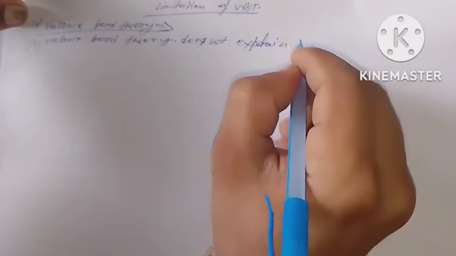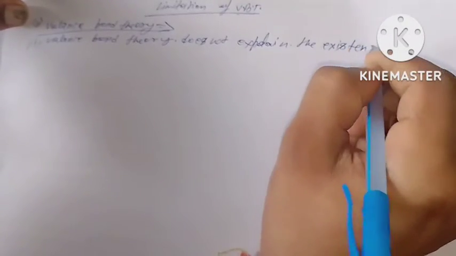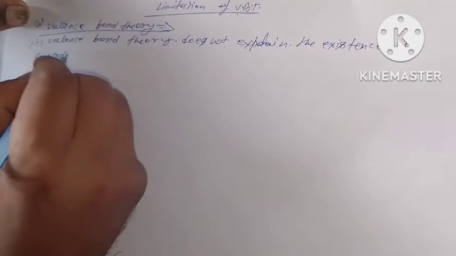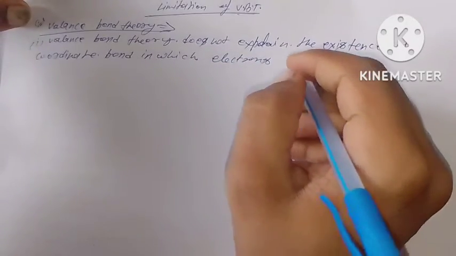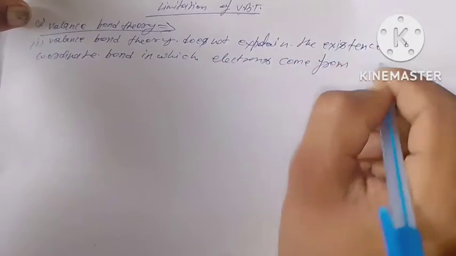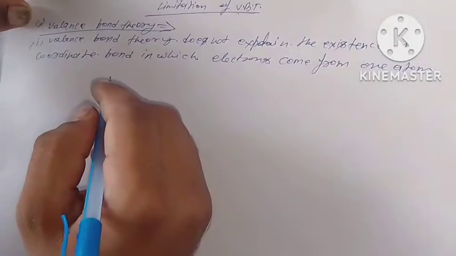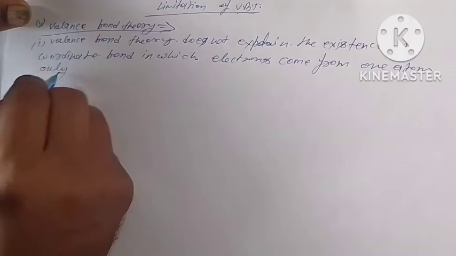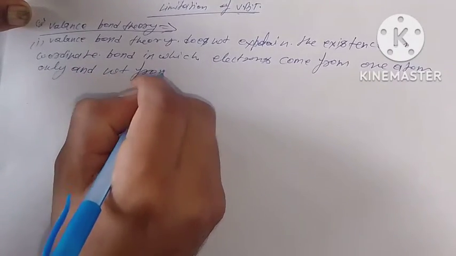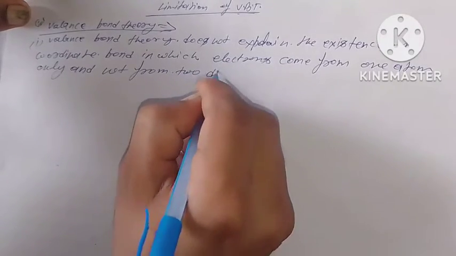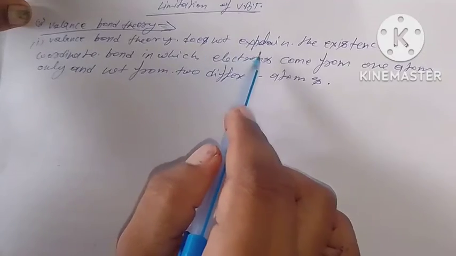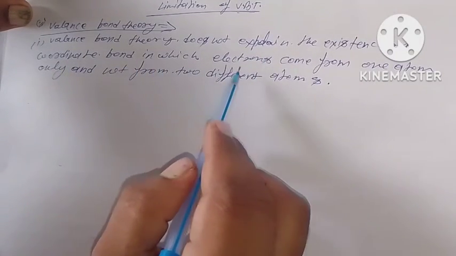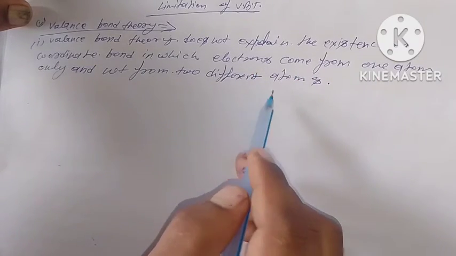Valence bond theory does not explain the existence of a coordinate bond in which electrons come from one atom only and not from two different atoms.